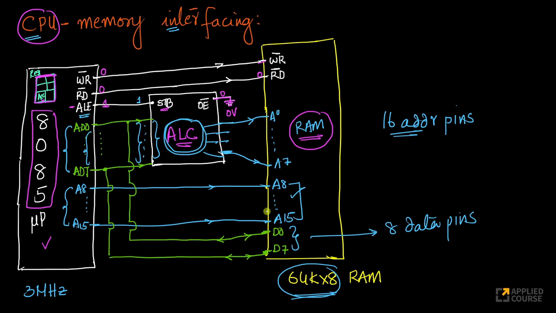Now given that I have sent the address first, I want to either read or write data. To do that, very importantly, my ALE should become 0. My ALE becomes 0. Look at this. My AD0 to AD7 are also connected.